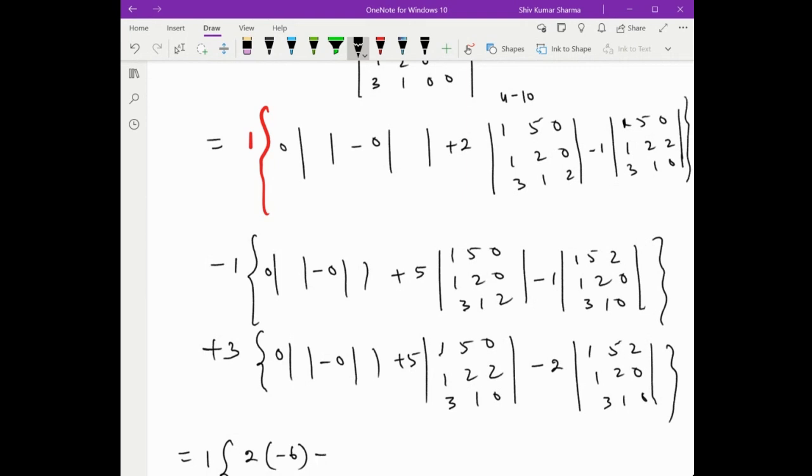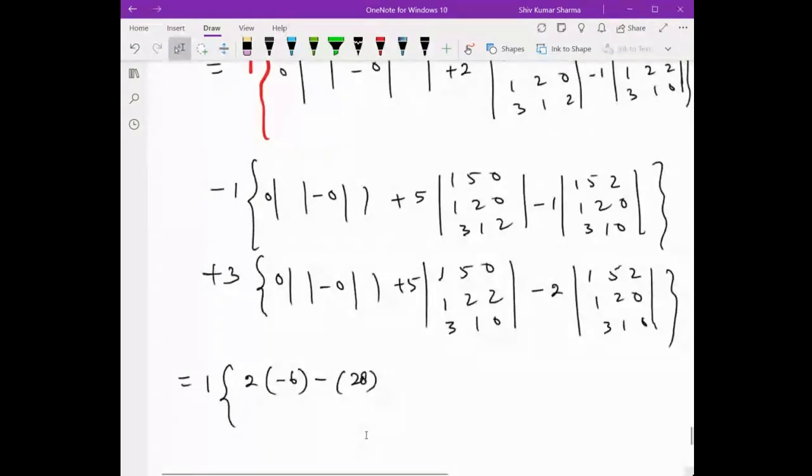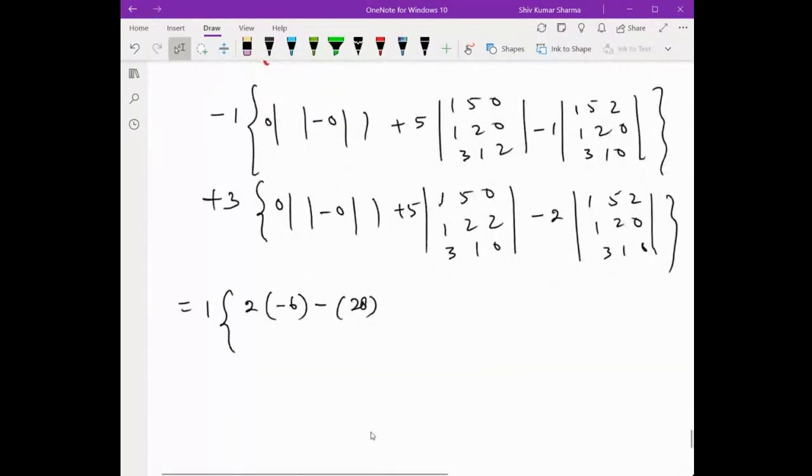This is a minus 6 for this determinant. That means we have a minus sign, and we solve this determinant for 1, this one, so 2 0 minus 2 gives us minus 2. For minus 5, we see that 0, 6, minus 6 and minus 5, minus 6 minus 5 minus 30, that is plus 30, so this is 28, and this is for the first determinant.